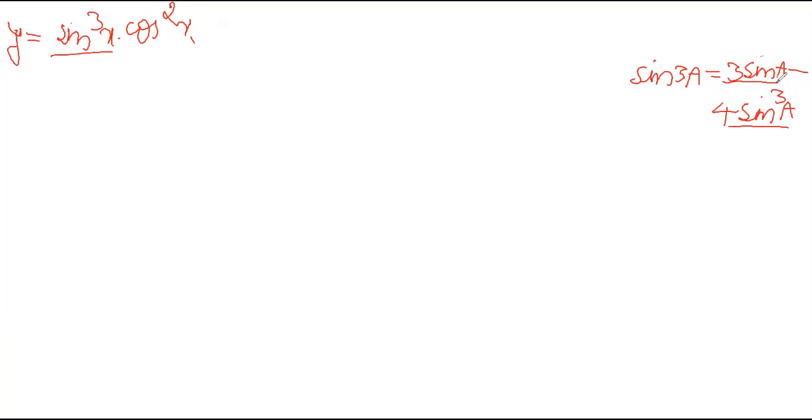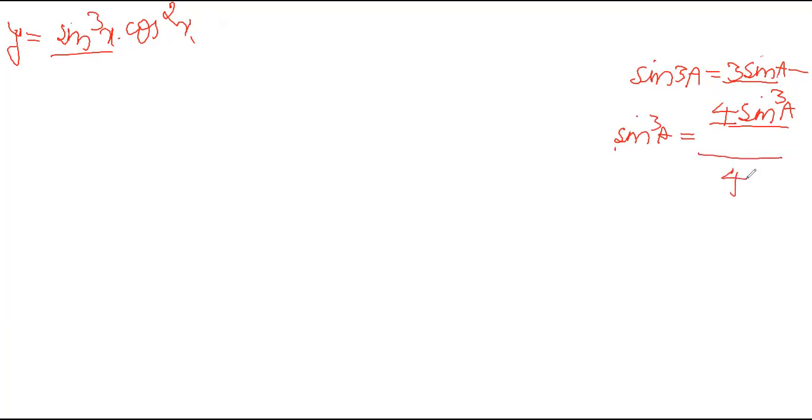This simplification: that is sin 3a. We want sin cube a. Sin 3a is 3 sin a minus 4 sin cube a. Come to this side, it is plus 4 sin cube a. The 4 comes here, multiplied, and on this side it becomes divided. You know that one.